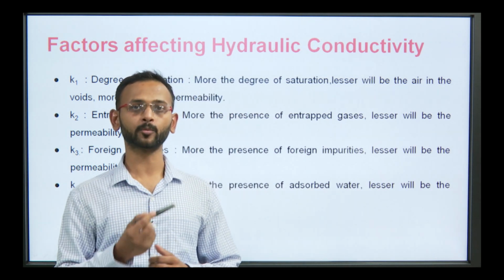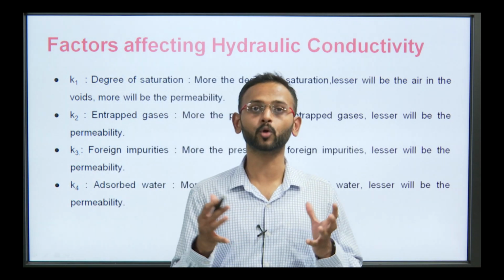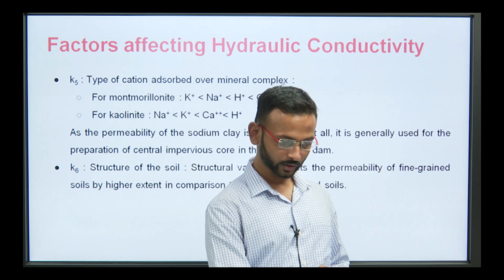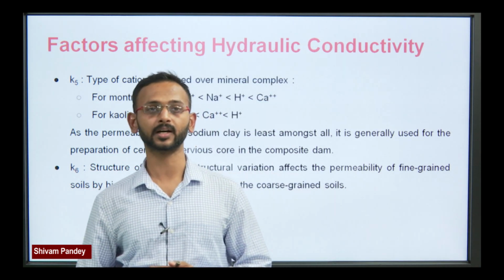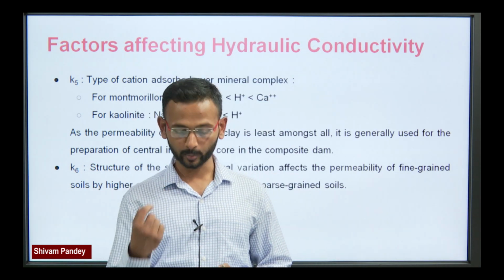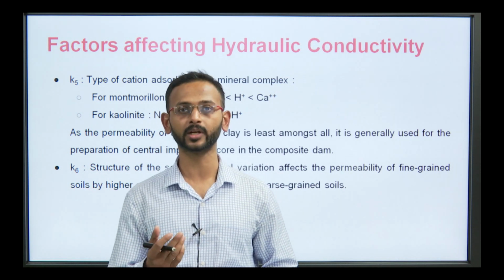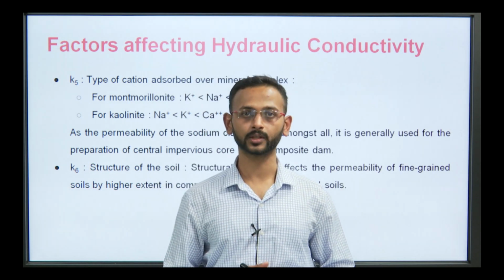Similarly, the foreign impurities will be there, and the next one, the adsorbed water, because they will be blocking the way. There are a few more things, K5 and K6, and we will be discussing this in the subsequent lecture, and we will be continuing with another topic, that is stratified soils and permeability and other things. So, we will be continuing with this in the next topic.